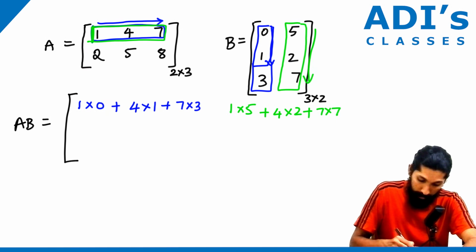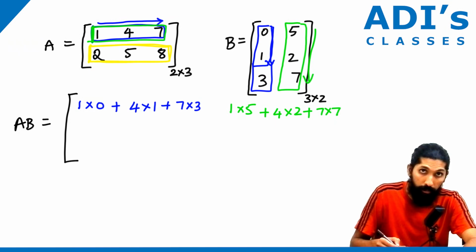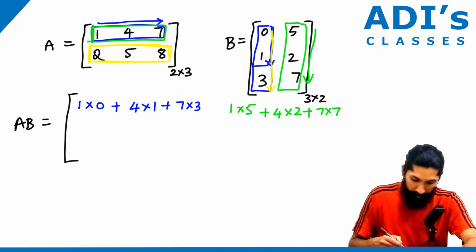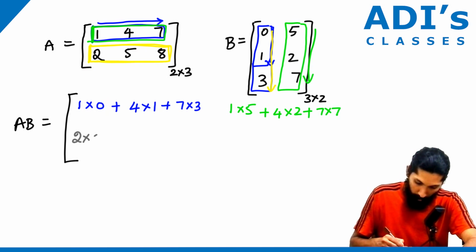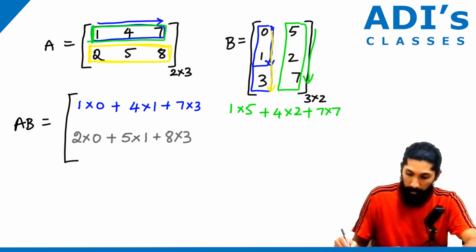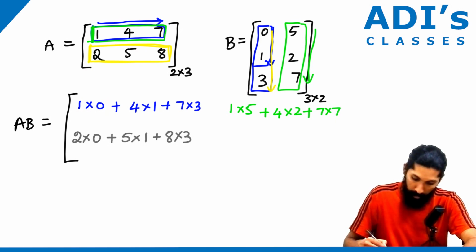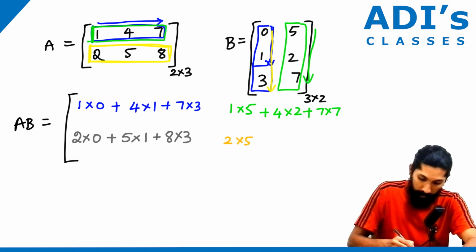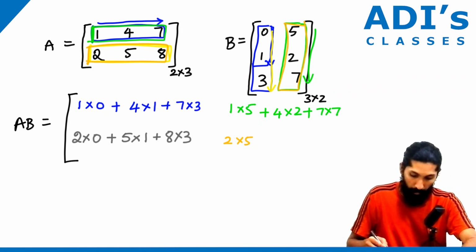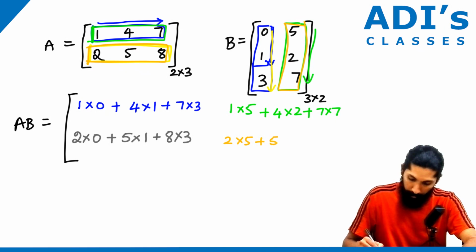Next we take second row and the first column. Let me write it in another color: 2 into 0 plus 5 into 1 plus 8 into 3. Then the final one, which is 2 into 5, means we are taking the second row and the second column: 2 into 5 plus 5 into 2 plus 8 into 7.